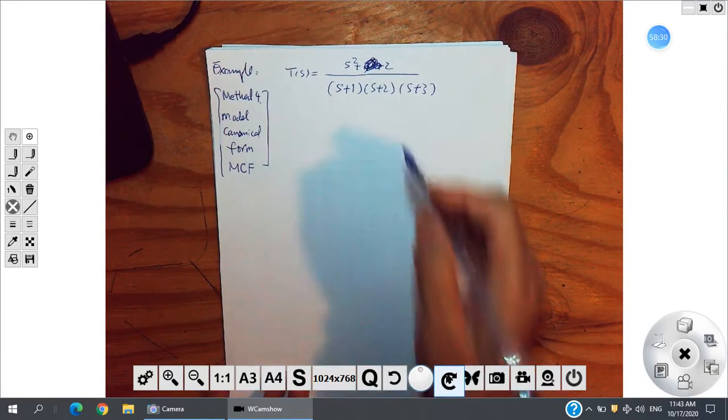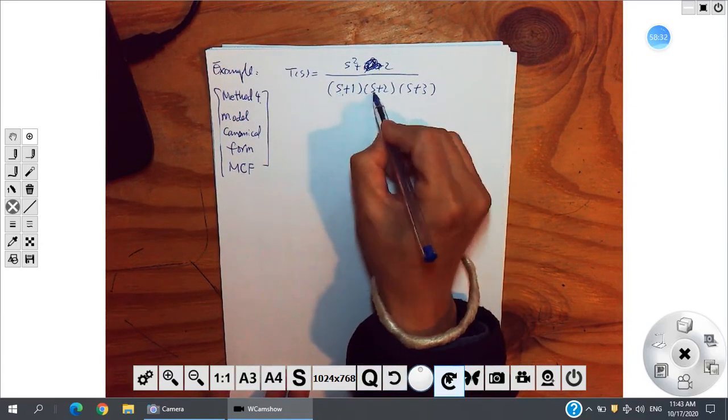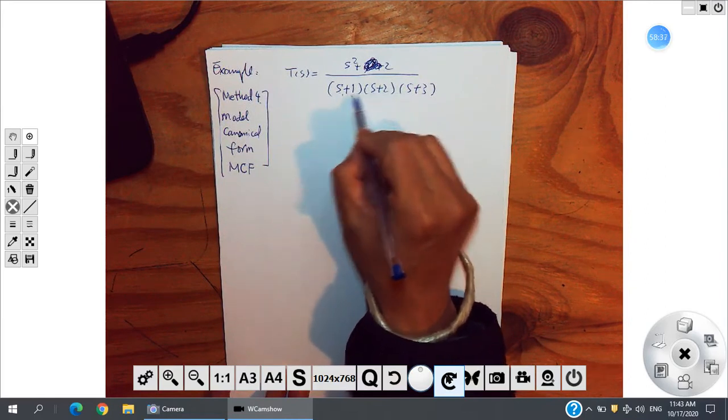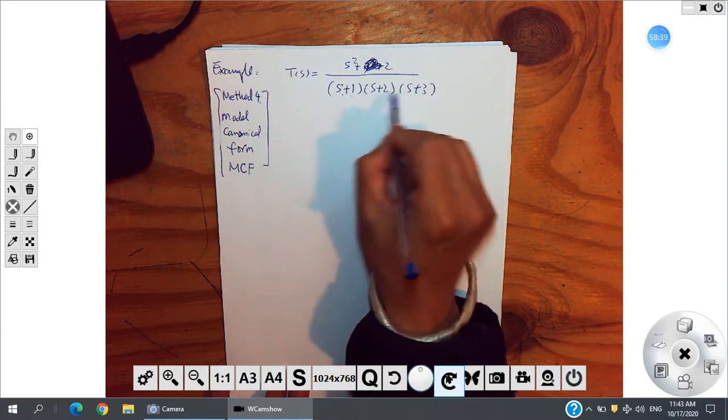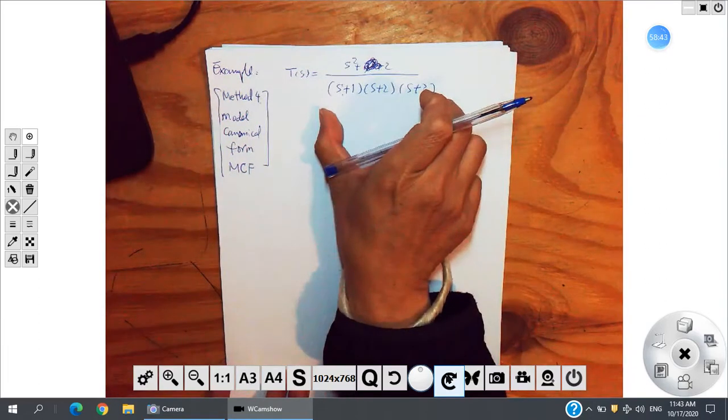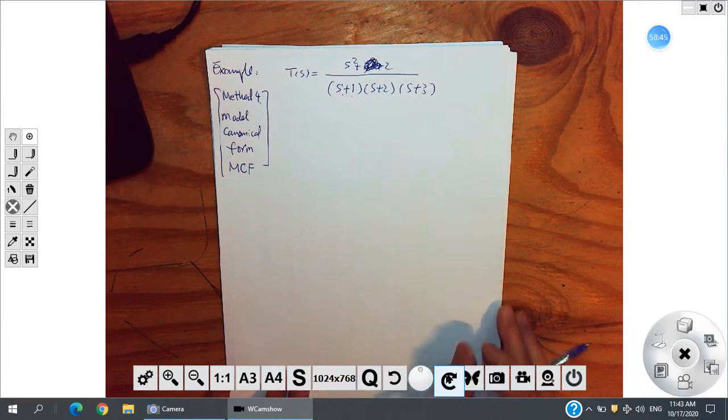Of course, you can multiply out these three factors in the denominator to get a polynomial of third order. Then you can have the CCF and OCF.